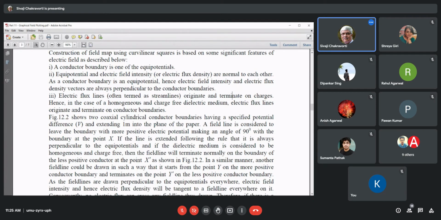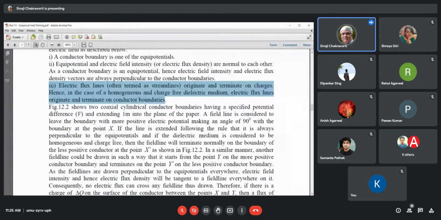which is also basic field theory. And electric flux lines originate and terminate on charges. This is an interesting concept because we always say that the flux lines originate at the positive charge and terminate on the negative charge.